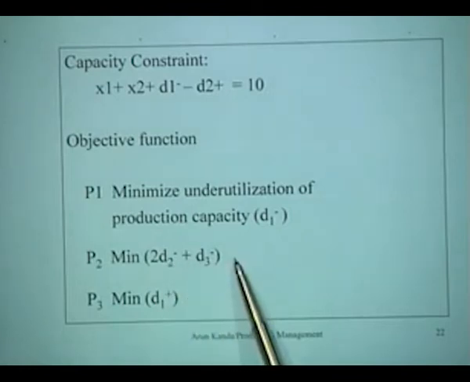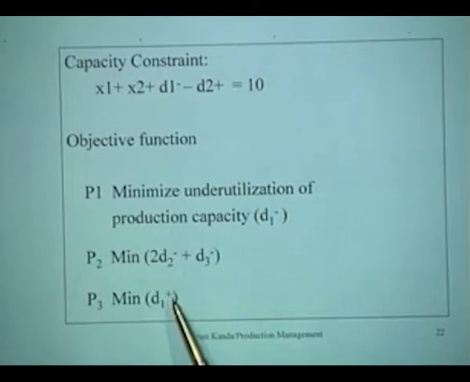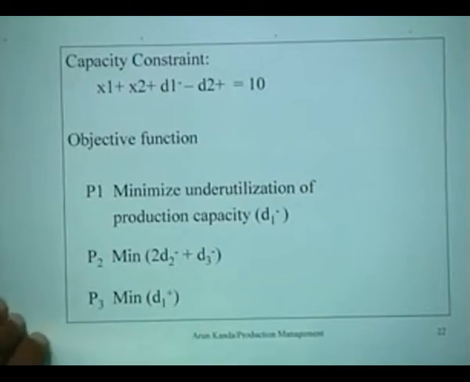So, you have this particular goal here, you are minimizing this deviation, and the third priority is to minimize D1 plus, which is minimizing the over capacity, that is over utilization of capacity here. So, this solution would lead to point C that we saw as the optimum solution.